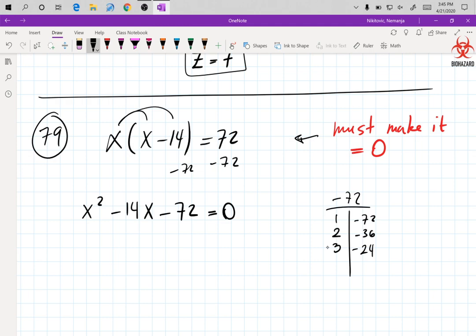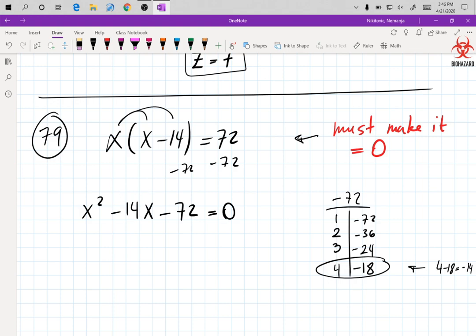It is divisible by 4 because 4 goes into 72 eighteen times. There is my negative 14. I could go further, but I don't need to because I already found the pair, because 4 minus 18 is negative 14, which is what we need.